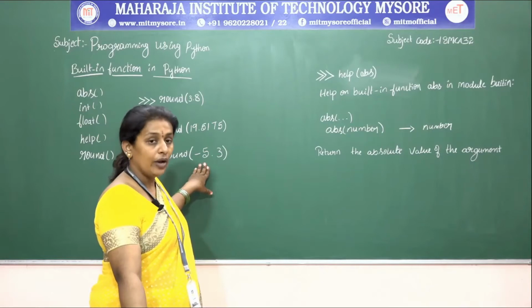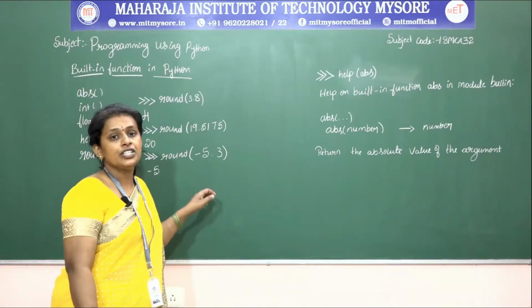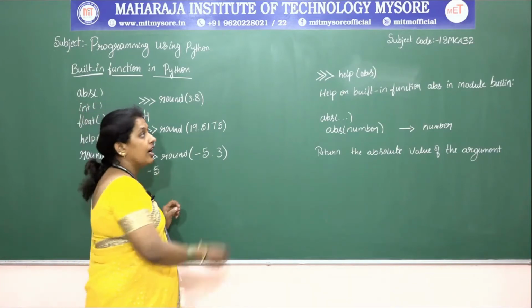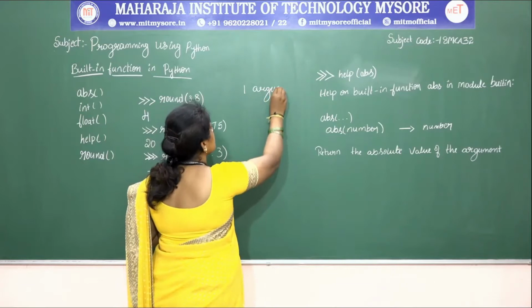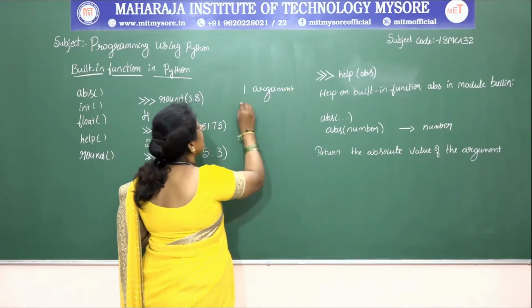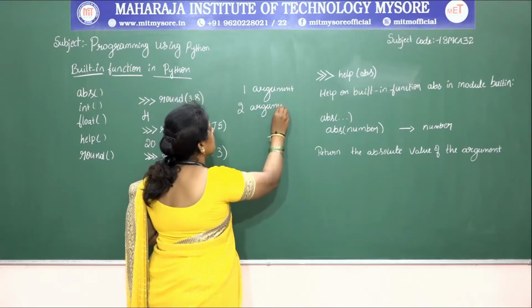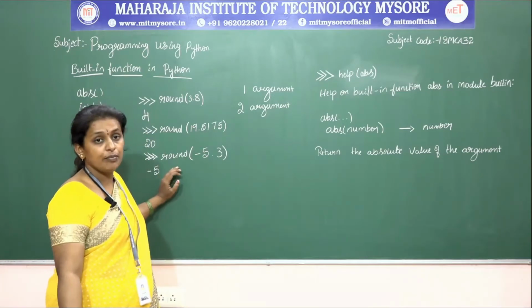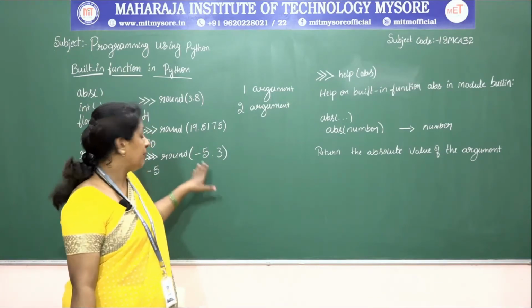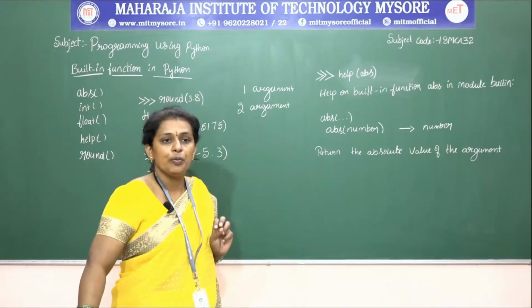The round function can be called with either one argument or two arguments. So the round function can be called by passing only one argument or by passing two arguments.